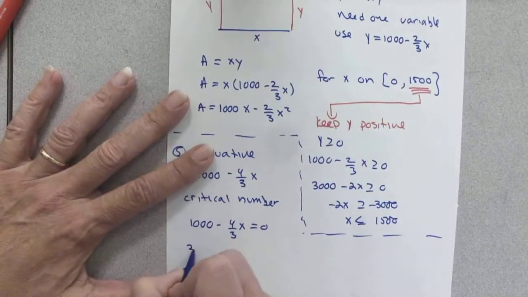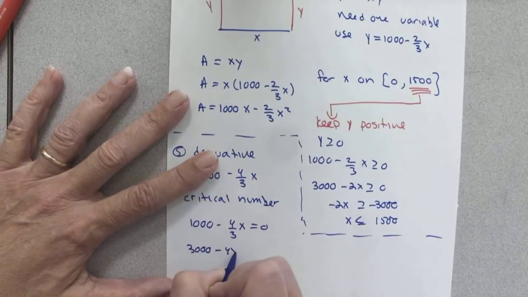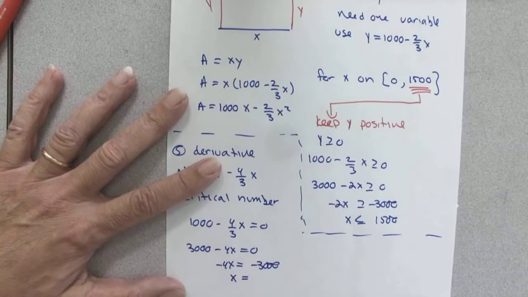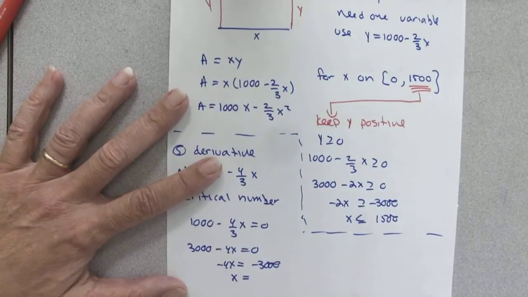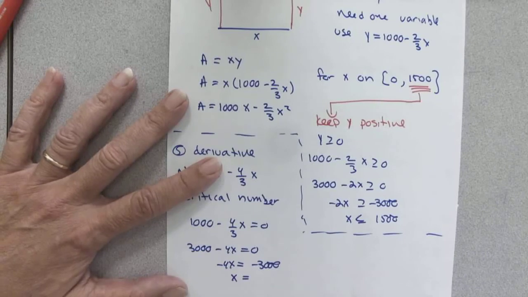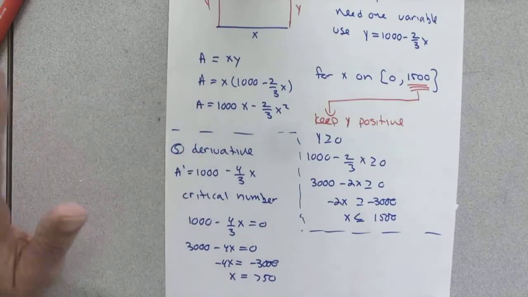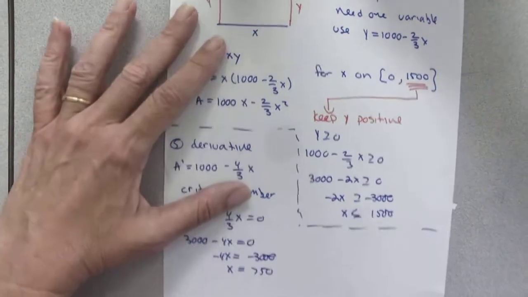Let's multiply everybody by 3. So I get 3,000 minus 4x equals 0. Negative 4x equals negative 3,000. X equals 750. And again, that's where we suspect the answer is.